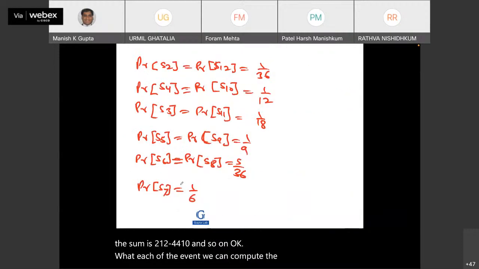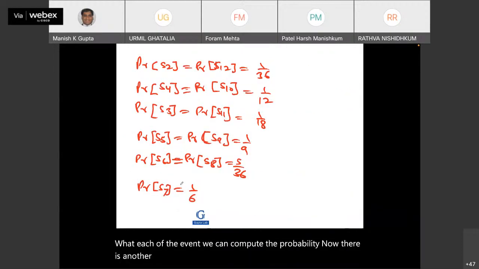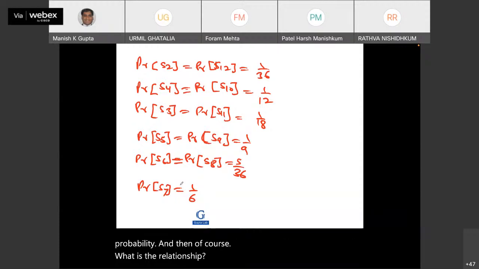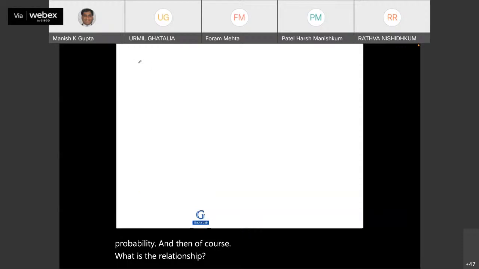Now there is another important definition: joint probability and conditional probability. So we can talk about joint probability and conditional probability, and then of course, what is the relationship?